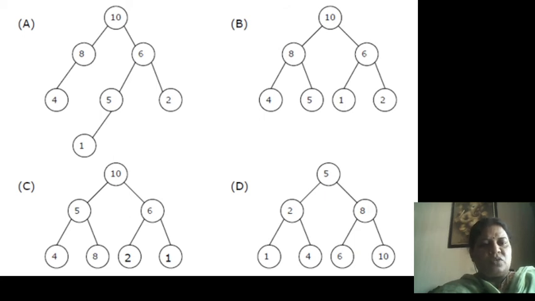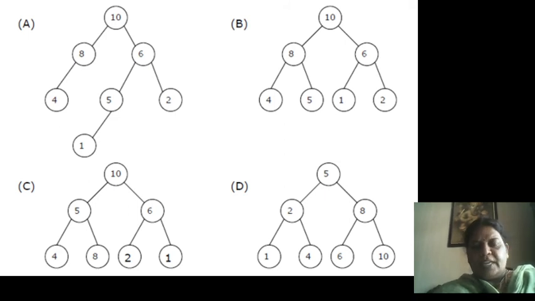But when it comes to 5, you can see the children of 5 are 4 and 8. 8 is greater than 5. So the value of the child is greater than the parent. So obviously you can say this is not a heap. Though it is fulfilling the shape requirement, or the structural requirement, it is not maintaining the parental dominance. So clearly we can say that C is not a heap.